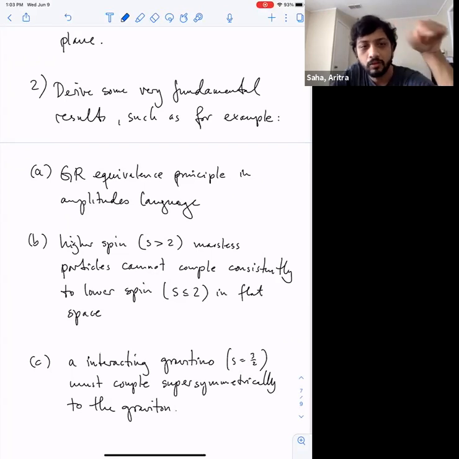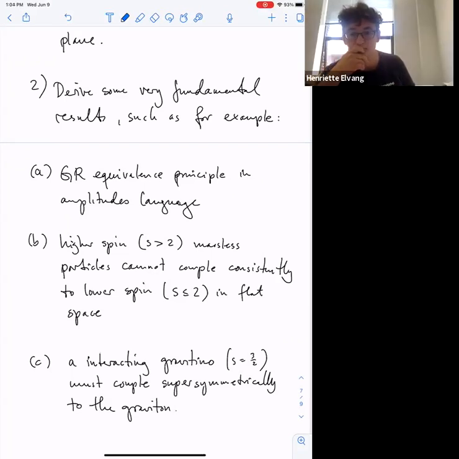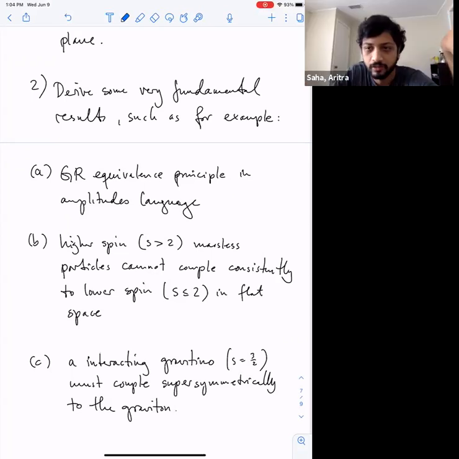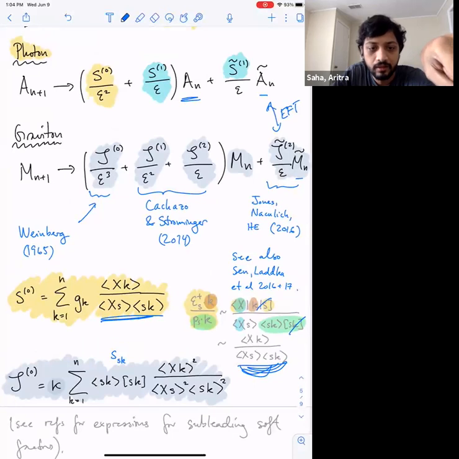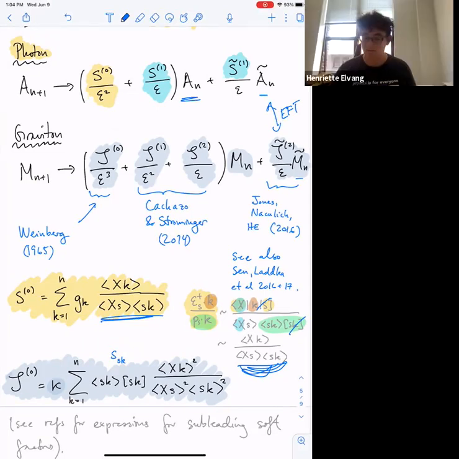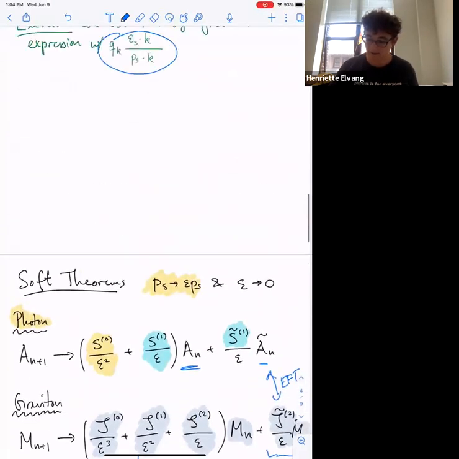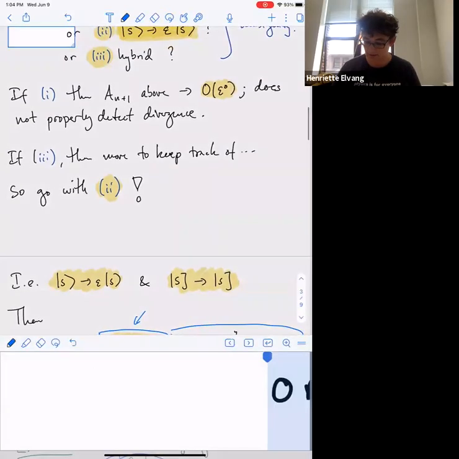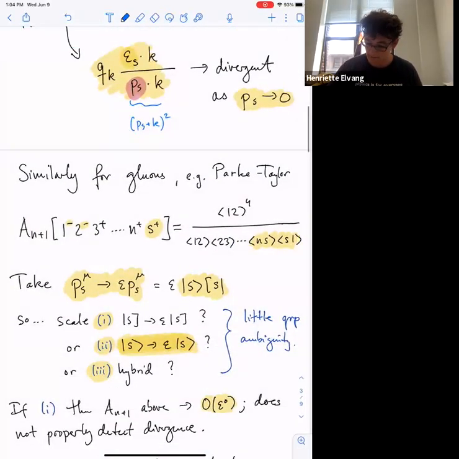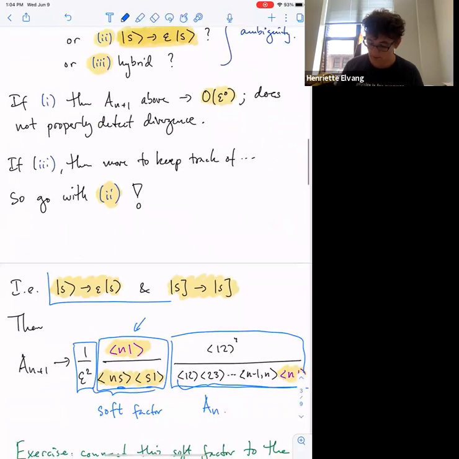Yeah, I had a question. When you were discussing the soft graviton and soft photon theorems, the graviton theorem involves both angle and square brackets, right? So do we scale both the angle and the square brackets here? The rule will be that whenever I take a positive helicity particle soft, and that's what I'll do in this entire lecture, I will scale it in this particular way, where I only scale the angles.